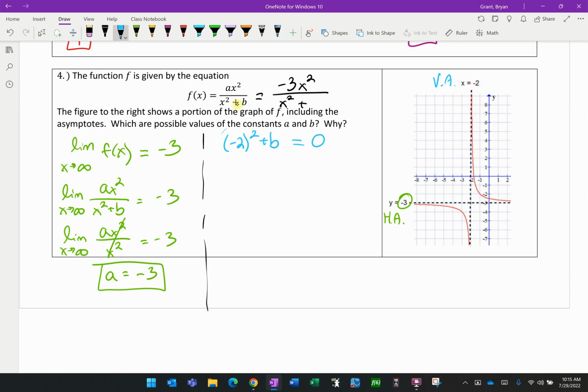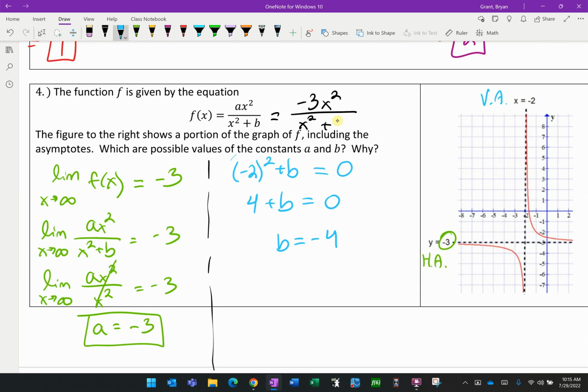You're not allowed to use -2. It turns the denominator to 0. So this becomes 4 plus b equals 0, which tells us that b equals -4. So up here, this becomes x² plus -4. Now, you could have written that as x² minus 4, and that might make even a bit more sense to you to see that this becomes (x - 2)(x + 2) if you factor, right?